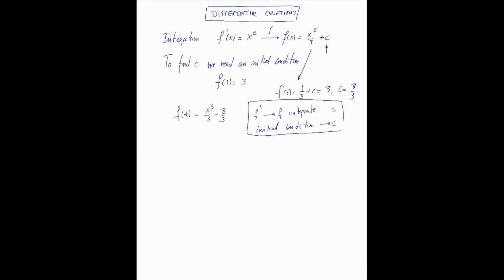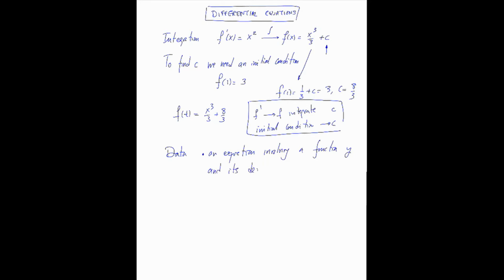Now, in this topic number 3, we're going to do something a little bit more complex. The type of problem we'll have is an equation involving a function, which I'm going to write as y, and its derivatives.